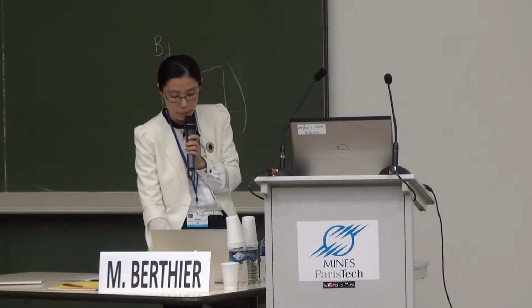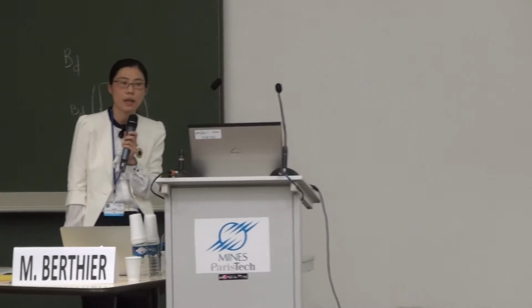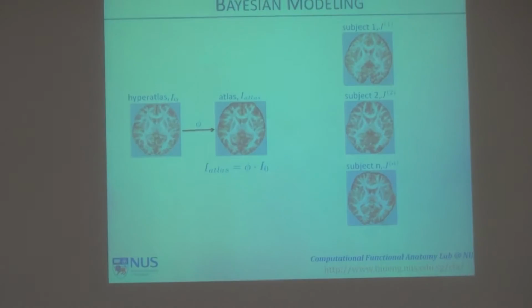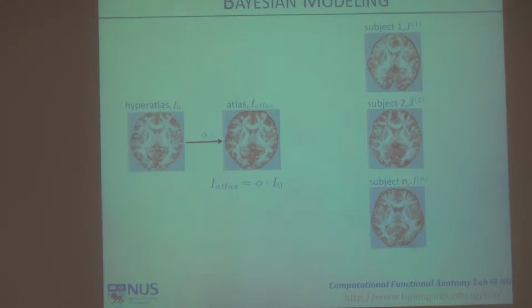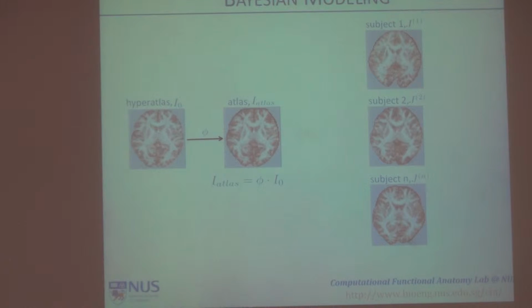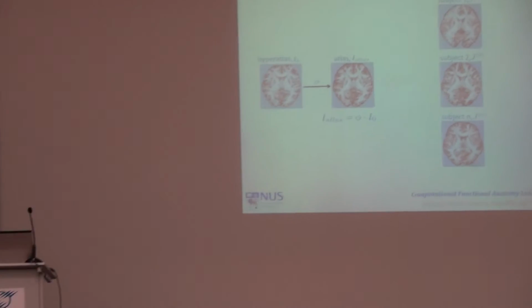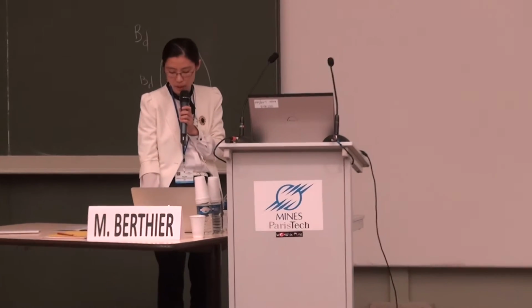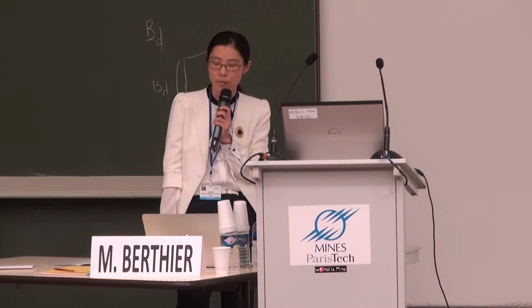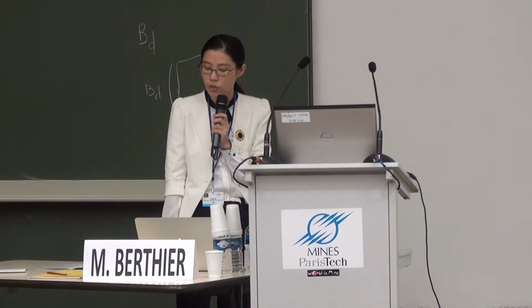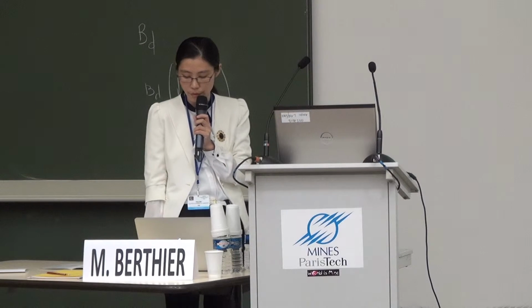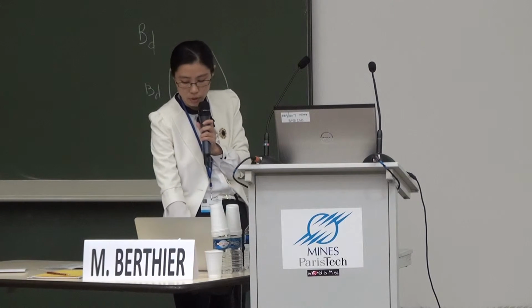The way we do this, we assume there's some hyperatlas we know, and we can deform this hyperatlas through some transformation, which we call phi, and the atlas we want to estimate is equal to phi applied on the hyperatlas we know. In order to link the estimates and our observations, we introduce a series of hidden variables, which are the transformations that allow us to approximate individual observations as a group action of phi on the atlas, shown down here.